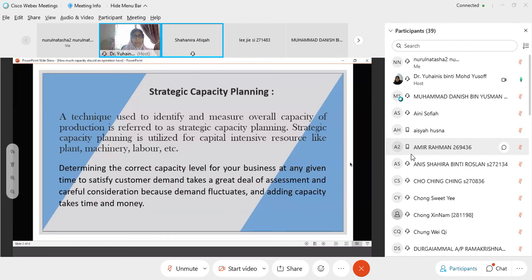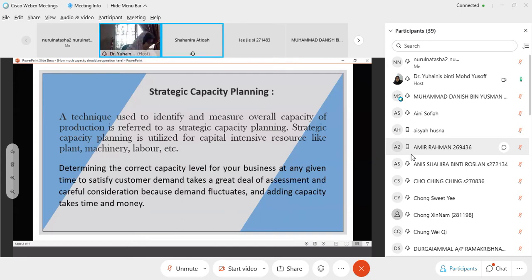Strategy capacity planning can ensure the organization remains competitive and can achieve the long term growth plan. Capacity planning classification we divide in 3 categories. For the first one, long term capacity. The second one, medium term capacity, and the last one, short term capacity. All right, good.